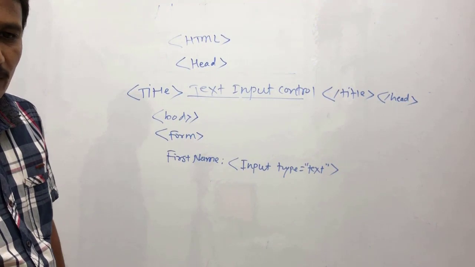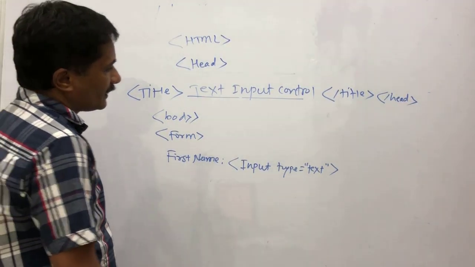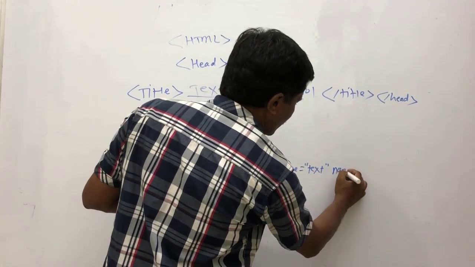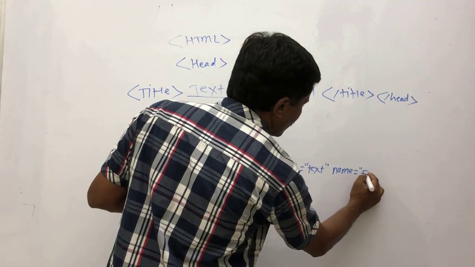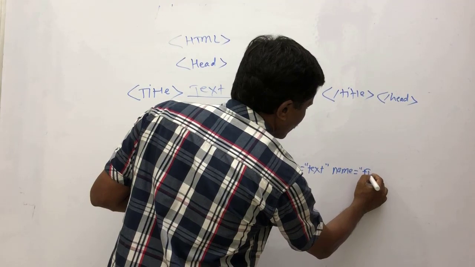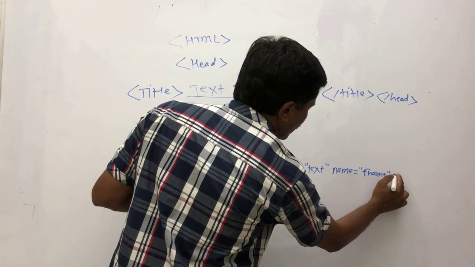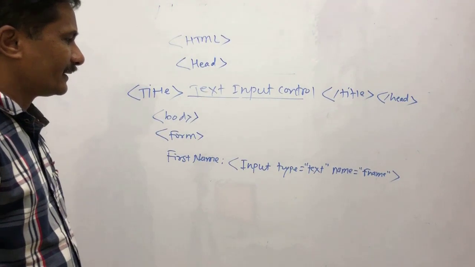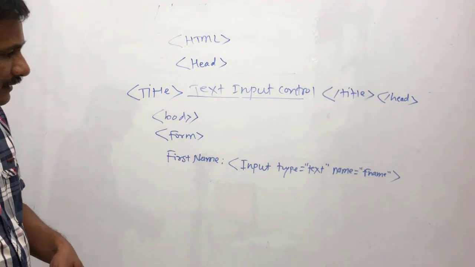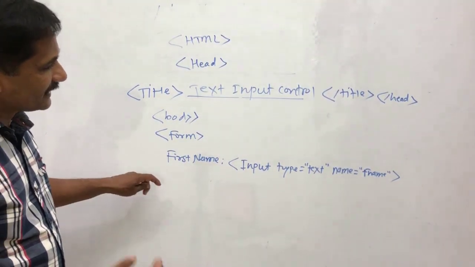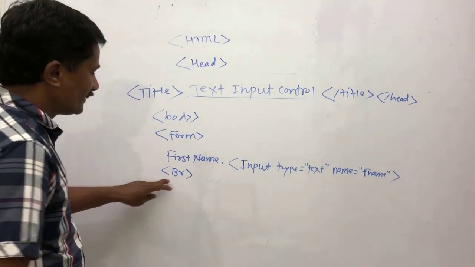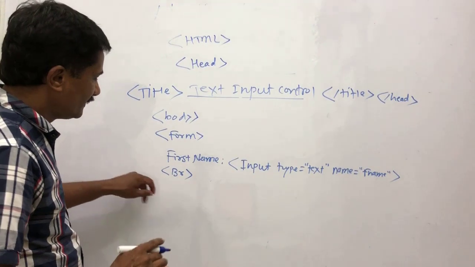Another attribute of the input tag is name. Name is equal to first name, or use fname. Then close the angle bracket. Then use the br tag. Br tag means next line. The meaning of the br tag is break the line.